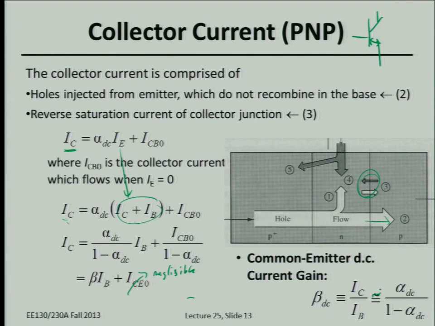If beta, the current gain, is defined to be the ratio of the output current to the input current for the common emitter configuration, then you can see that alpha DC, the common base DC current gain, is related to the common emitter current gain through this simple formula. So the closer alpha is to 1, the larger beta is. In other words, the higher your emitter injection efficiency and the transport factor, the higher your current gain.